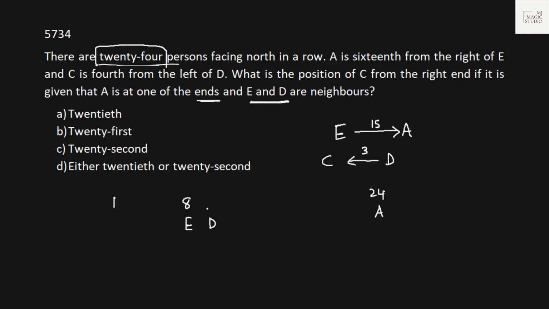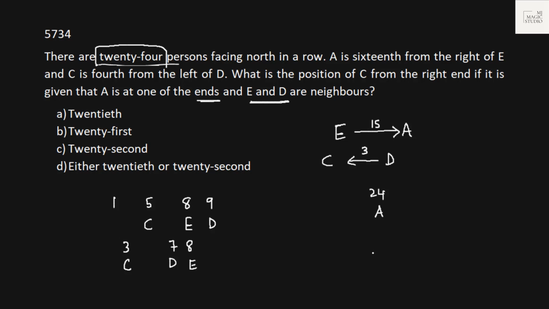Now if D is at 9th position, then C is 4th to the left of D. 9 minus 4 would be 5, the 5th position. But if D is at 7th, then 7 minus 4 is 3. C is at 3rd position.